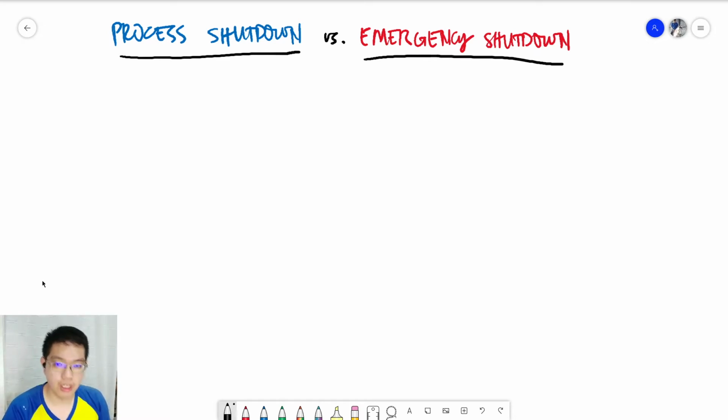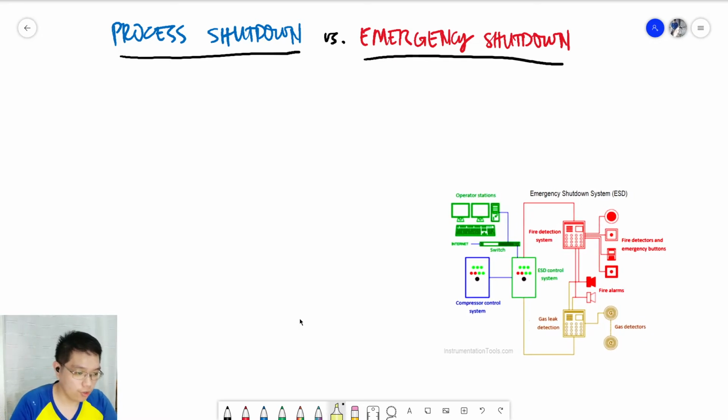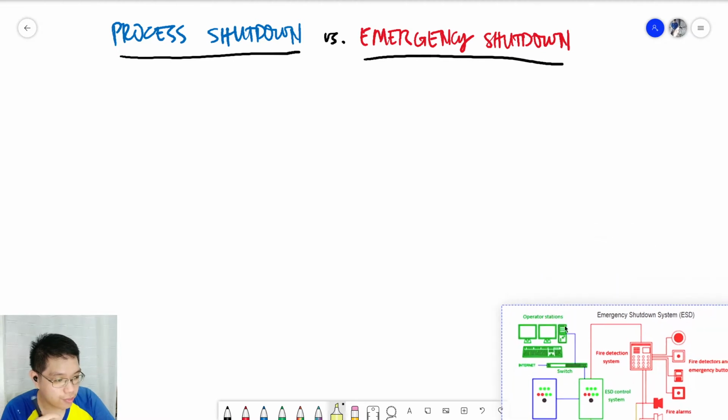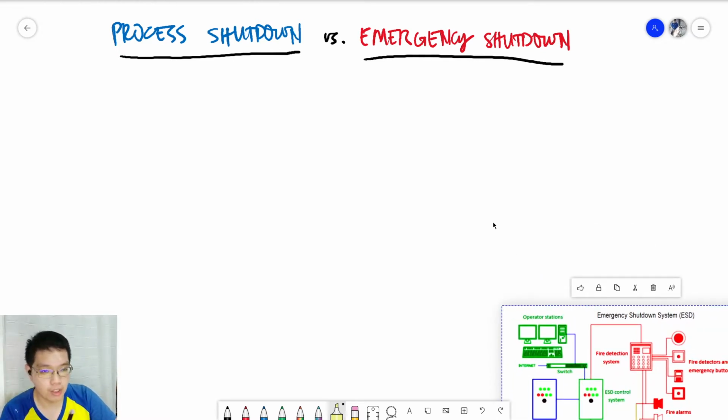Okay, so we'll be talking about the difference between process shutdown and emergency shutdown. We already know what a shutdown is, since we do that almost every time we turn our computers off.